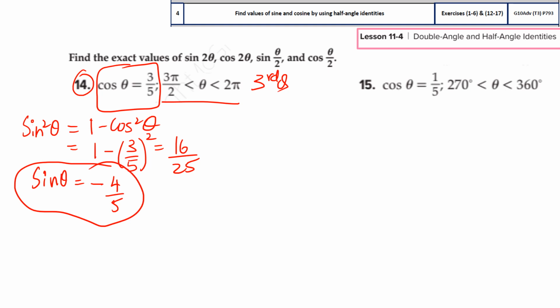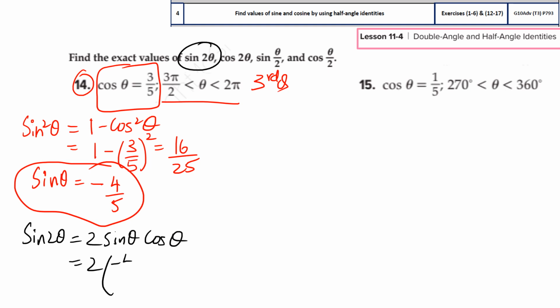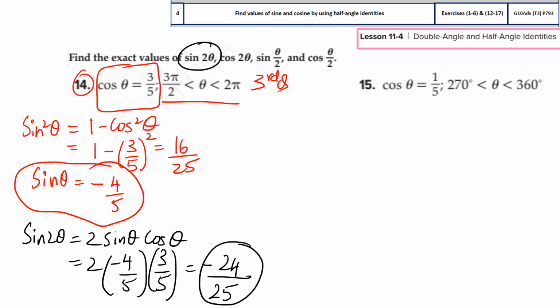So now I'm ready to get sine 2 theta. We can just plug in the numbers and multiply. So sine theta minus 4 by 5, cos theta 3 by 5. Multiply numerator with numerator, denominator with denominator. You get a negative sign, and this is my answer. Let's move ahead and do cos 2 theta now. So the same identity is going to help you.